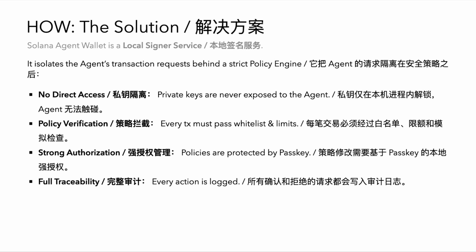Every transaction must pass whitelist rules, spending limits, and simulation checks. Third, strong authorization. Policy changes are protected by passkey, so sensitive settings cannot be changed by the agent itself. Fourth, full traceability. Both confirmed and rejected requests are written into audit logs. This design turns the agent from a signer into a requester. The local wallet remains the authority that decides whether a transaction is allowed.